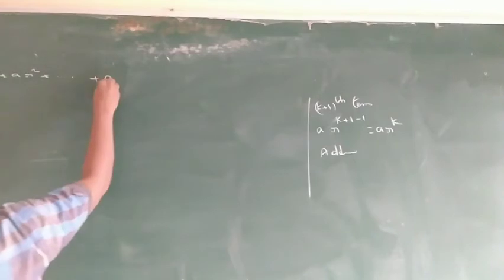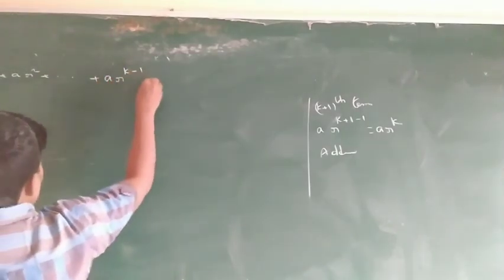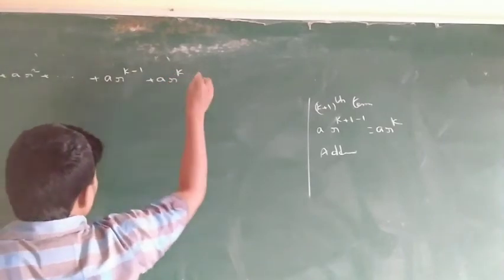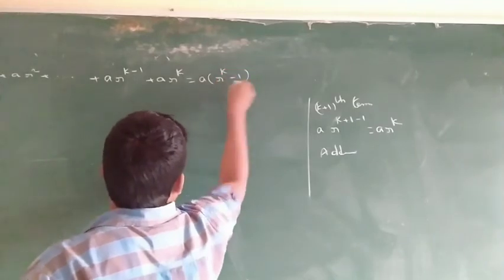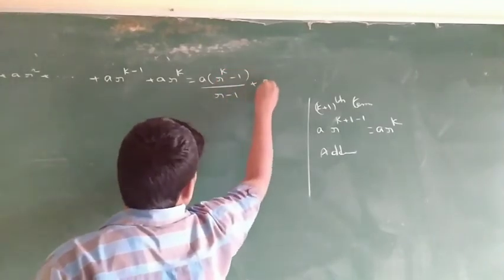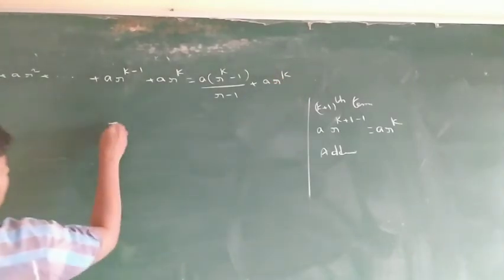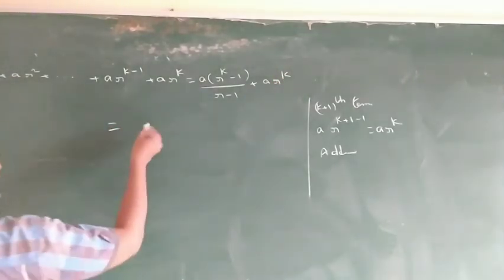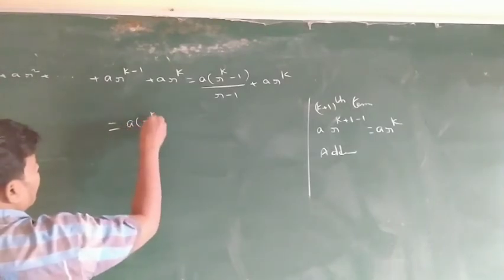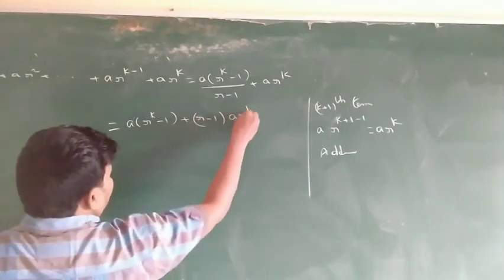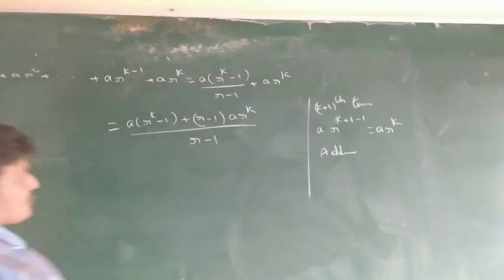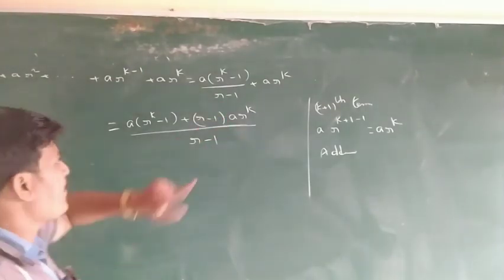Adding, a plus ar plus ar square plus and so on a into r power k minus 1 plus a into r power k is equal to a into (r power k minus 1) by (r minus 1) plus a into r power k. Simplify the RHS: a into (r power k minus 1) plus (r minus 1) into a into r power k, by r minus 1, because r minus 1 is the LCM.